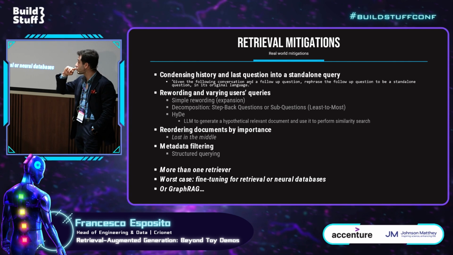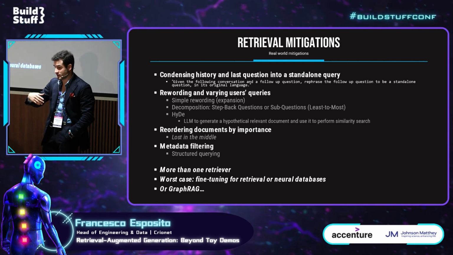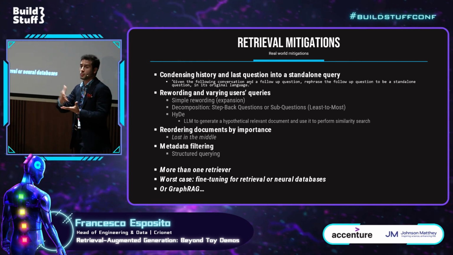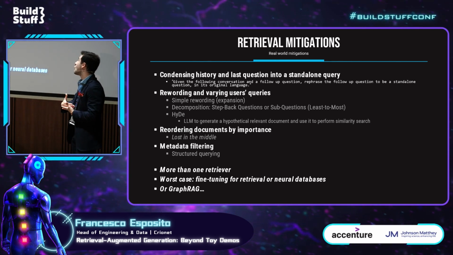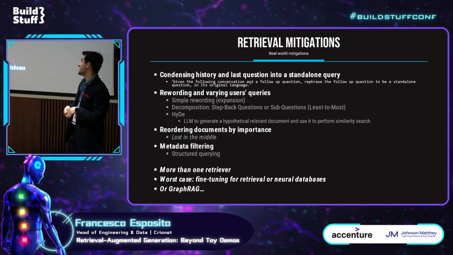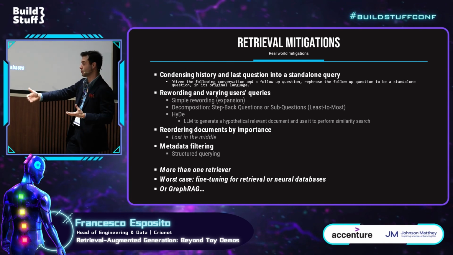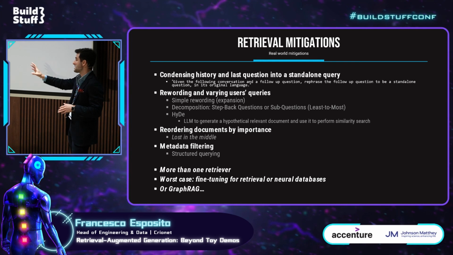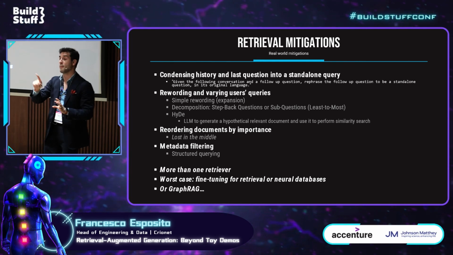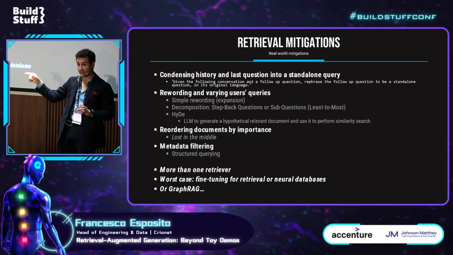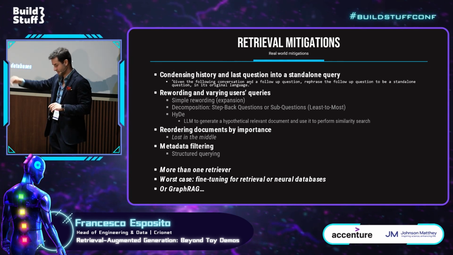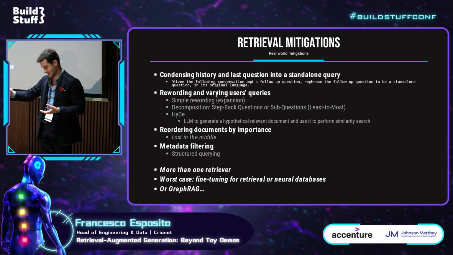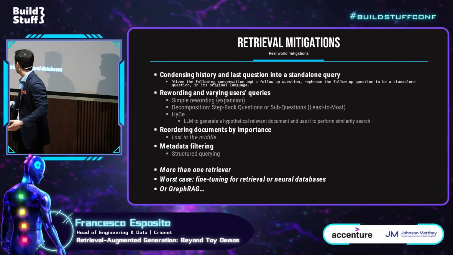But as we said before, user questions can be in a very different form from what we would be expecting. So we might need to do some rewriting on the user inputs. The first simplest approach is just a simple rewriting. So asking a model, here we are involving a model again, so it's becoming more expensive. We are asking again a smaller model to generate a few variations of the original query.